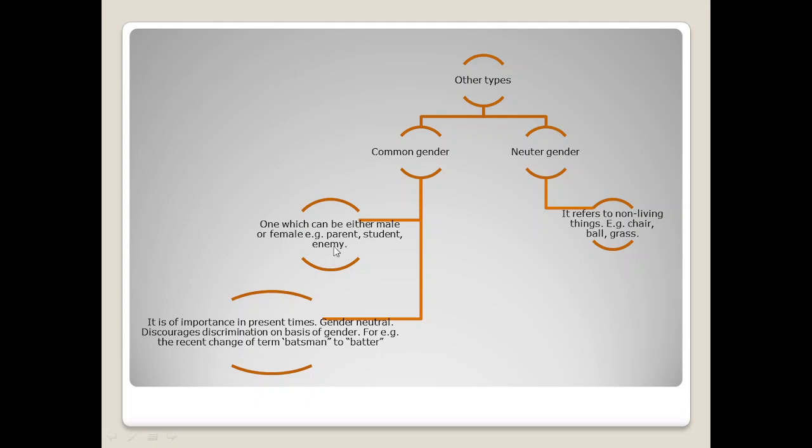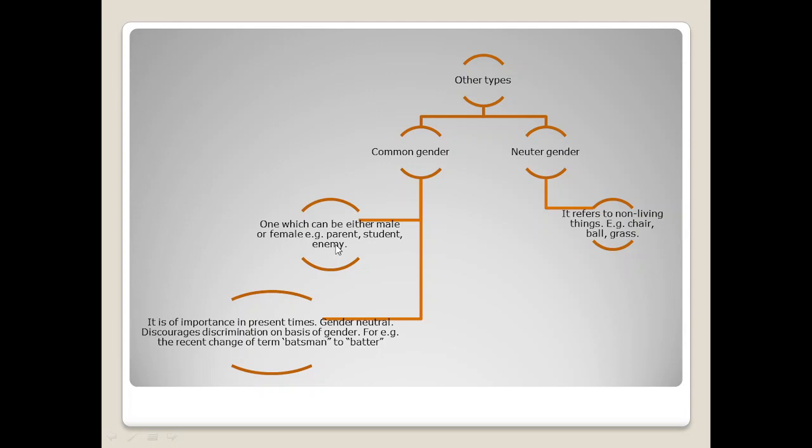In these three words, we can't determine the sex of the person. Parent could be the mother or the father of a child. A student can be male or female. Enemy also can be male or female. So it refers to a noun which can be either male or female.